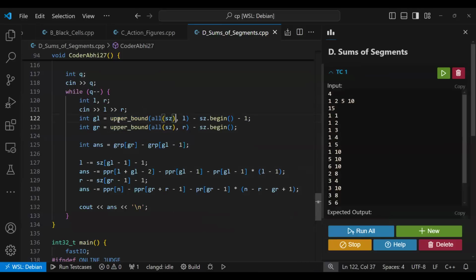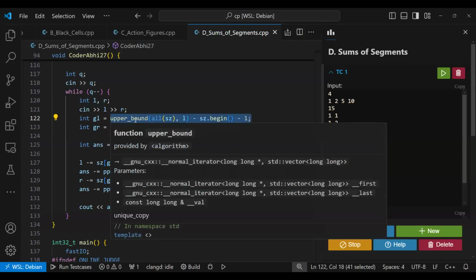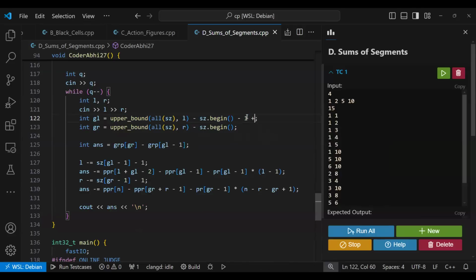So basically, I'm doing upper bound minus size dot begin minus 1. This thing is giving me the index of the current group number. Now, this index is 0 based. For the first group, I would get a 0. So to convert it into 1 based, I would do a plus 1 again. So basically, these both would cancel out and it would be the same as writing this only.